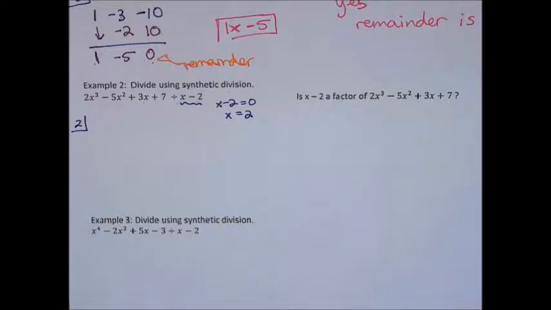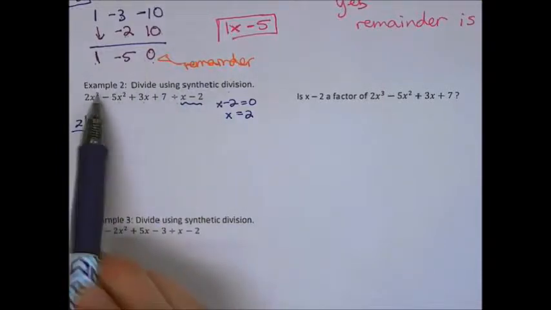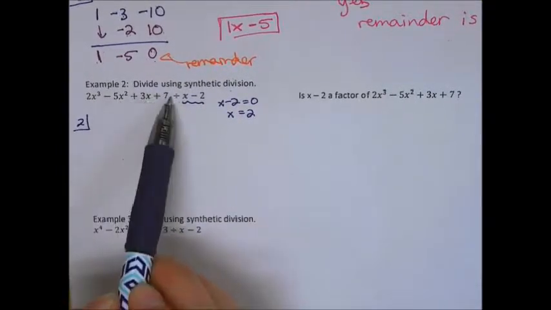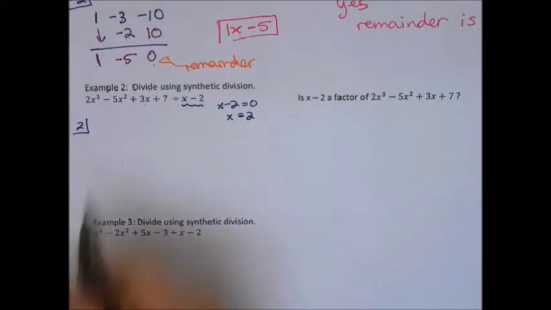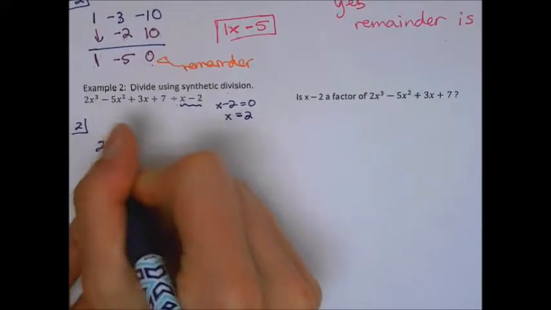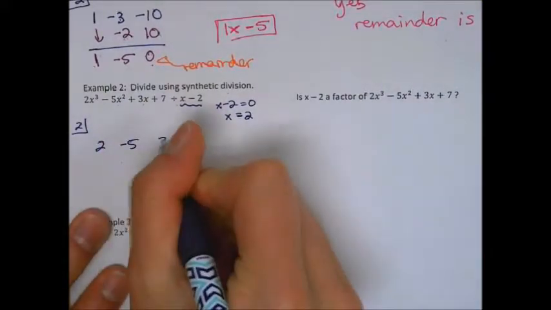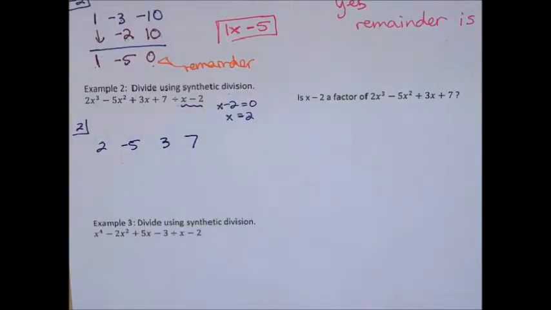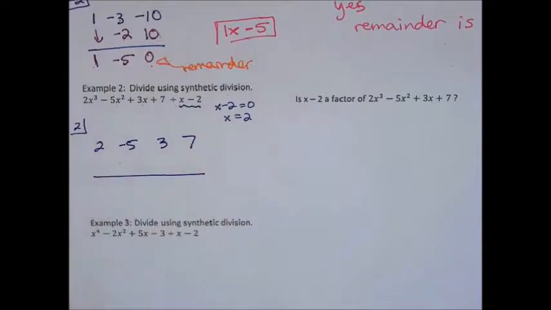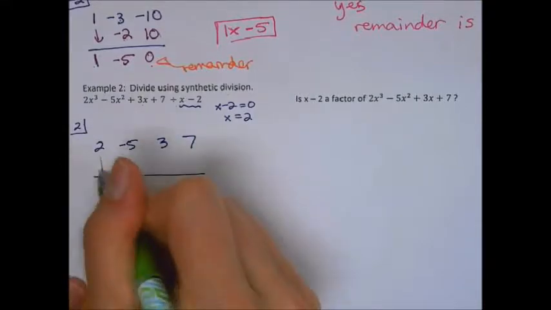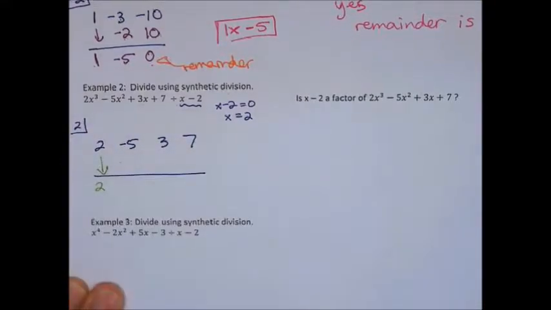Am I missing anything? Let's see, I have 3, 2, 1, no x's, so no. So my numbers are going to be 2, -5, 3, and 7. So that was all just step 1, the setup. Now let's go through step 2. Bring the first number down.